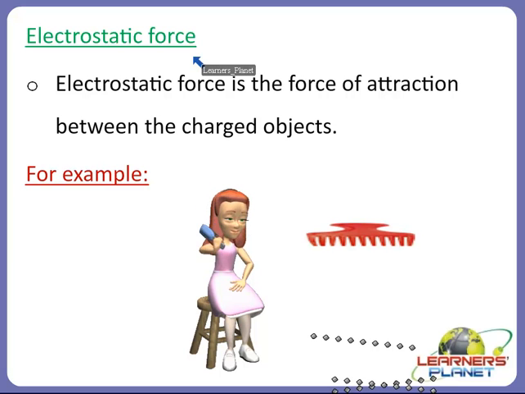Yes, electrostatic force is the force of attraction between the charged particles. So we can basically say that the definition of electrostatic force is when two charged objects or two charged particles interact with each other. And one such example is an object which gets an electrostatic charge, like a comb or a plastic pen or a ruler.